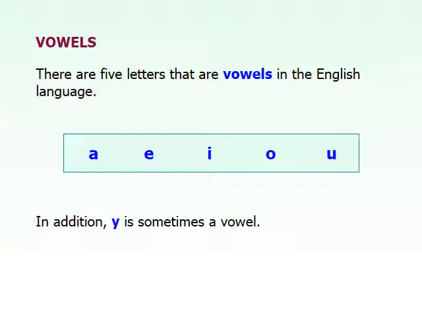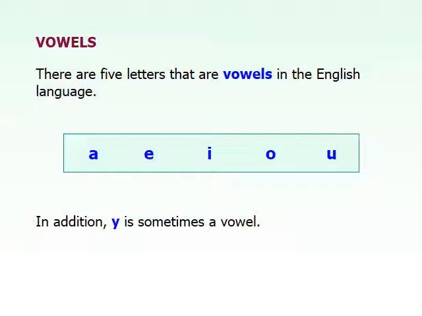The basic meaning of a vowel in any language is it's a sound that is made without any stopping of the air. So we talked a little bit when we talked about consonants that consonants are really made by stopping the air somehow. So when we make a P, we stop the air with our lips.